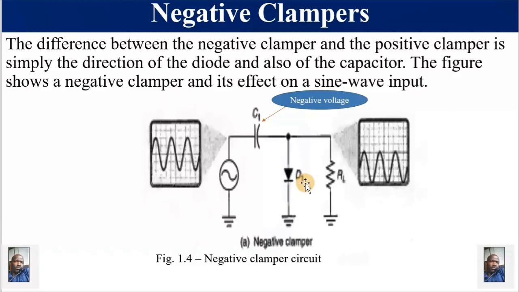The peak-to-peak value does not change, but it is the average voltage that is changed. The negative peak is now equal to minus the peak-to-peak value of the input.